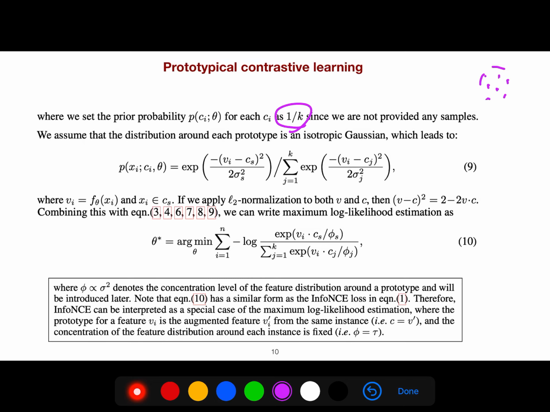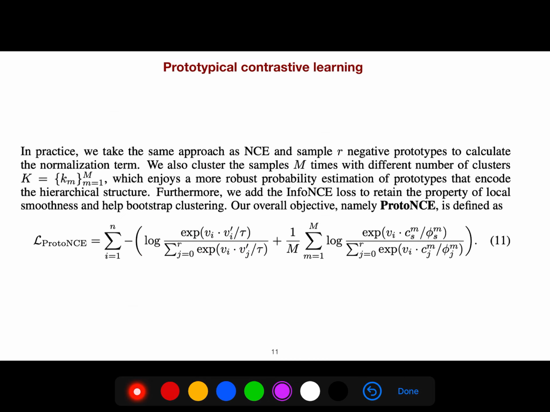If we apply L2 normalization, then we can write this maximum likelihood. But in practice, we take the same approach as NCE and sample r negative prototypes to calculate the normalization term. So this is the classical InfoNCE, but we also add another term which is for the clustering.